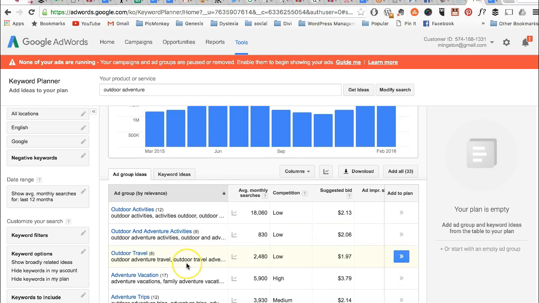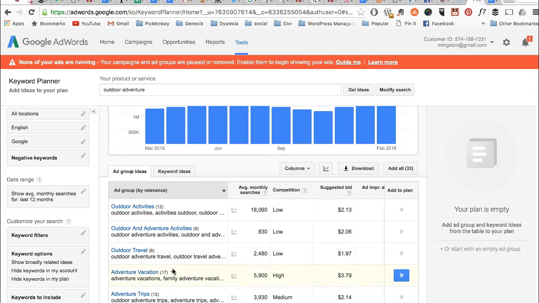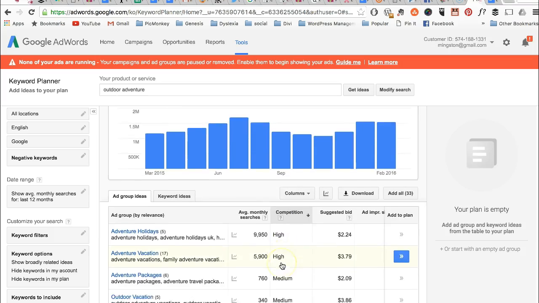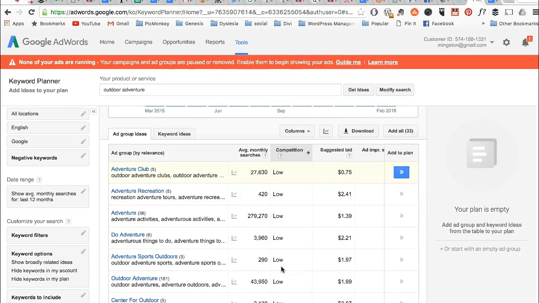Okay, so here's the thing. I'm looking for outdoor adventure, and it's telling me it thinks the most relevant is outdoor activities, but you really want to stick to outdoor adventure. So we're going to look at keyword phrases that have both. Once again, we're going to sort the competition from low to high. Sorry, it always wants to go the other way first.